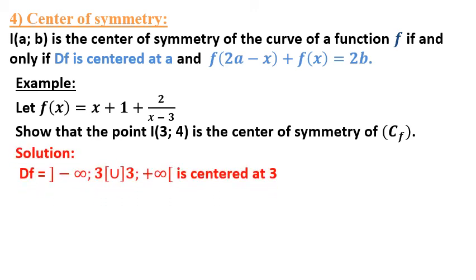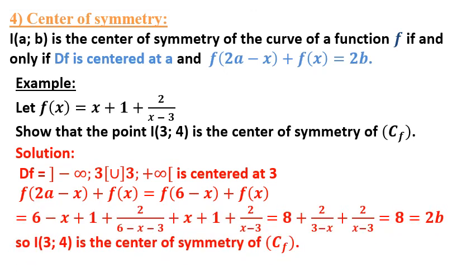Solution: we begin by finding the domain of definition of f. For the domain of f, x - 3 should not be equal to 0, then x is not equal to 3, and hence the domain of definition is minus infinity to 3 union 3 to plus infinity, which is centered at 3. Then we find f(2a - x) + f(x). We calculate f(6 - x) + f(x), and we get that it's equal to 8, which is equal to 2 times 4, which is 2b. Then I(3, 4) is the center of symmetry of the curve Cf.